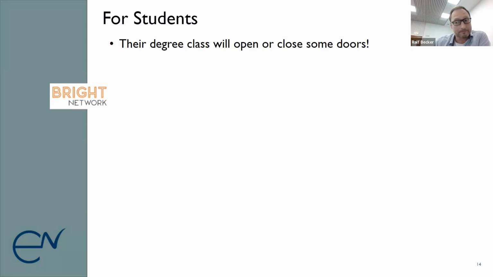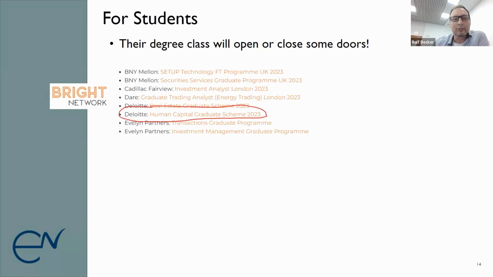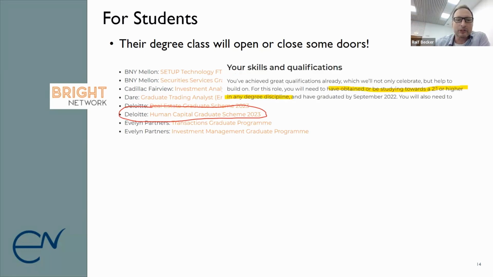Of course, students are mainly responsible for how they work and what they produce. But for instance, if you look at Pride Network, it is for summer internship opportunities. And if you look at many of the more desirable internships, you will see that there are grade requirements. Students would be studying towards a 2-1 or higher class in their degree.